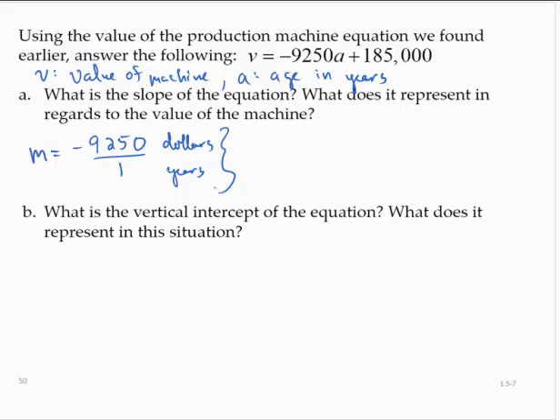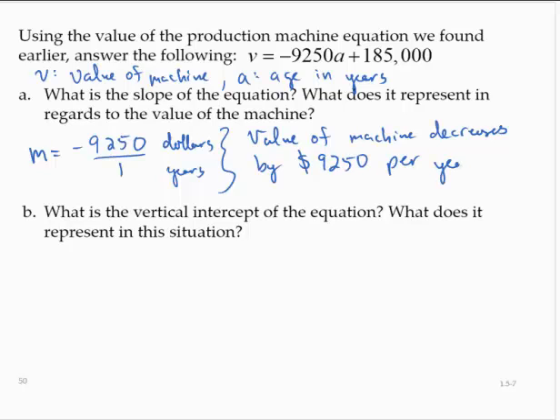And so what that tells me is the value of the machine decreases by $9,250 per year.